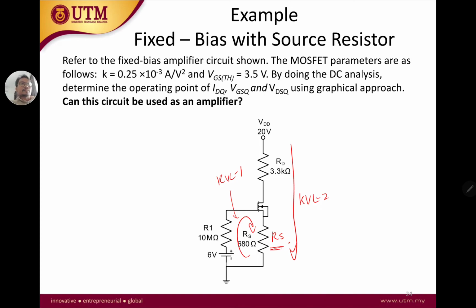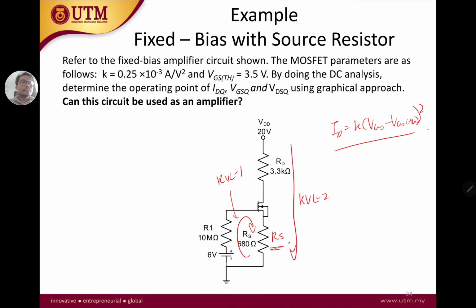The exponential equation should be the same, where your ID equals K times (VGS minus VGSTH) squared. So this one should be the same as before. Your KVL1 is different than before. Your KVL2 is different because we have the RS.